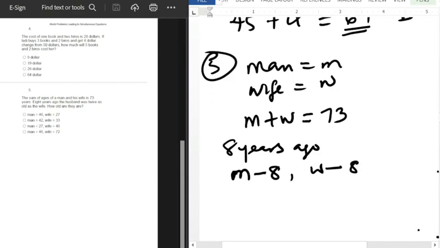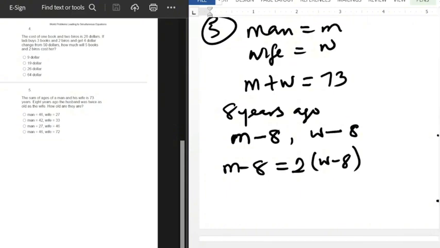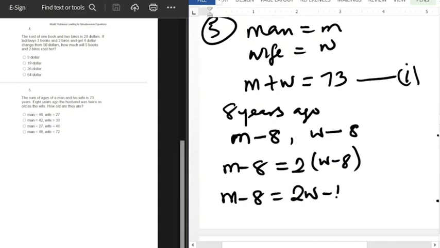So 8 years ago, the husband, which is M minus 8, was twice as old as the wife. Twice, that is 2 times the age of the wife, W minus 8. This is equation 1 here. So equation 2 will then be M minus 8 equals, we open it out, 2W minus 16.